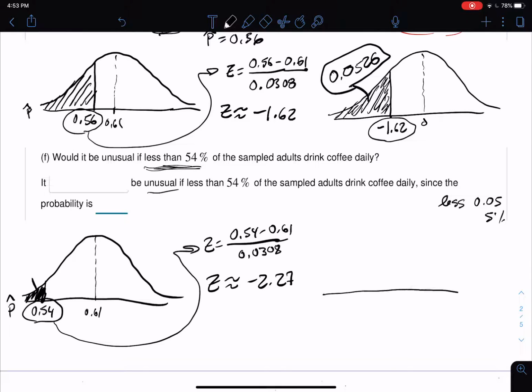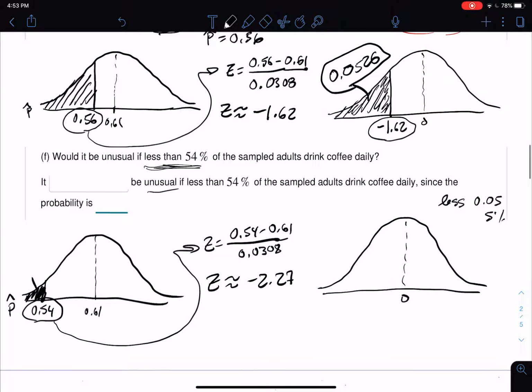Now when I take a look at this picture as it is a standard normal now, meaning 0 is the mean, and we've got this negative 2.27, and we're trying to see, is that unusual? We go to our z table and look up a negative 2.27, and we get an area or a probability of 0.0116. Now we move the decimal to the right 2 places, and that's just a little more than 1%.